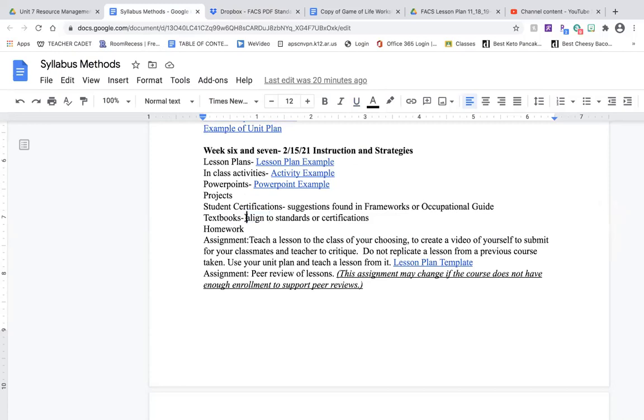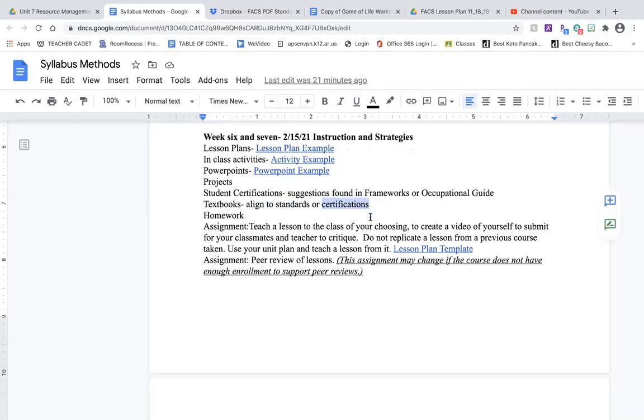But you do have to have textbooks in your classroom, and you usually have them there already in place. If you are selecting or changing them, just make sure they match up to your standards for that class, or even the certifications. So I actually have ServSafe textbooks that I may use with my students.